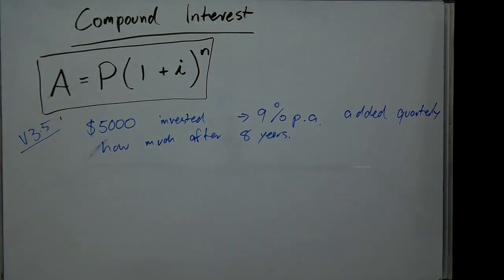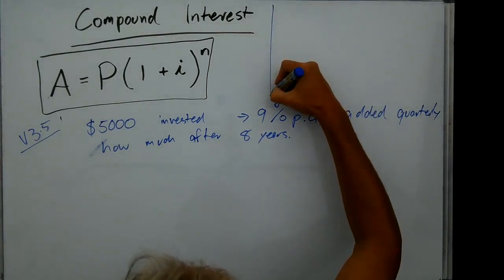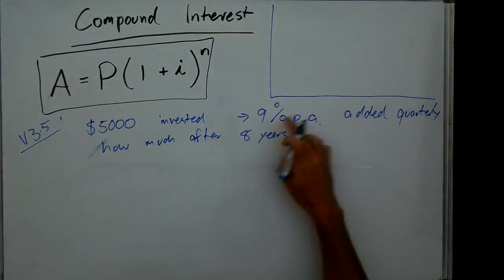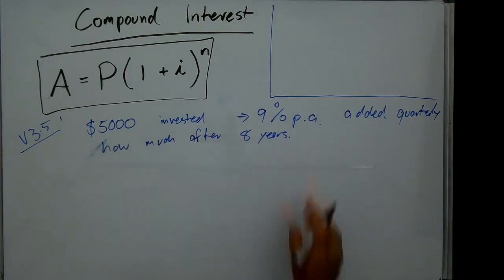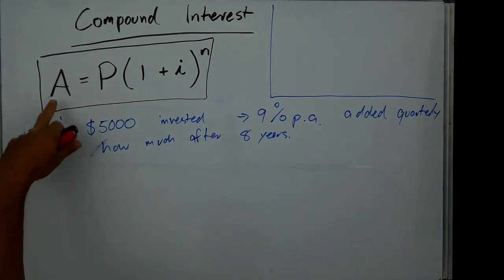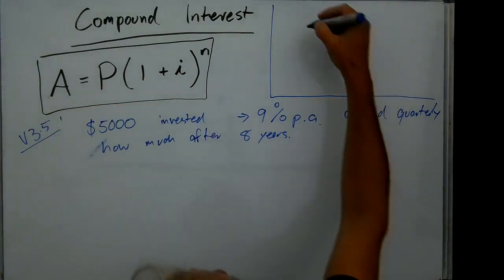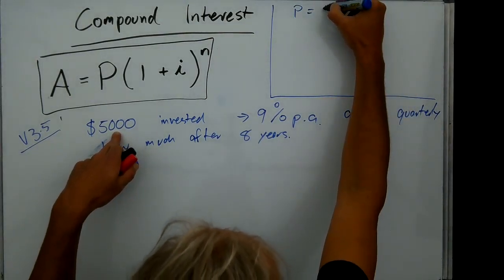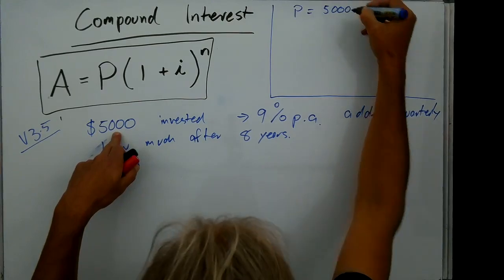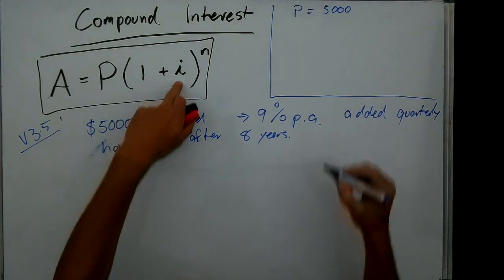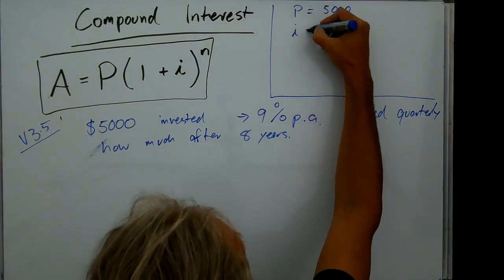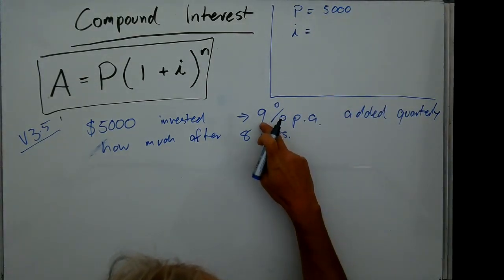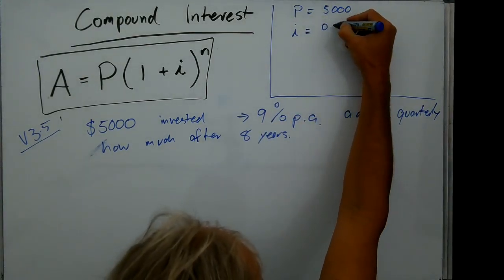Okay, so what I'm going to do up here is just list what we know. Our principal is the $5,000 that's invested. That's just the one. I, in this case, we're turning this into a decimal.